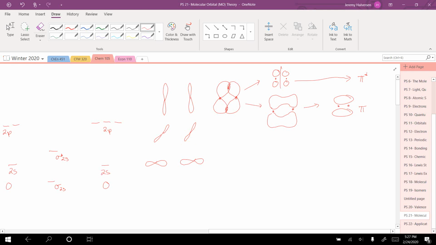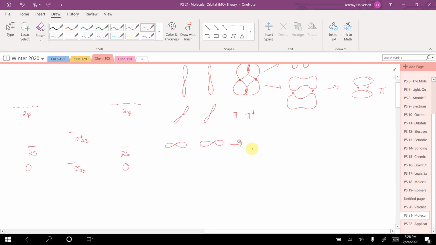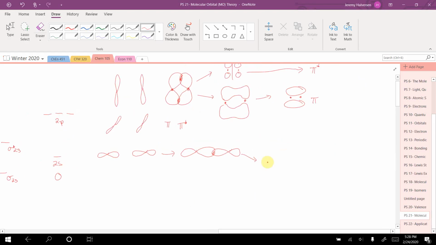Well, what's going to happen with these one in and out of the board? They're going to be exactly the same, just turned 90 degrees, so this also gives us a pi and a pi star. These ones, when they combine, let's see if I can draw this. If that combines constructively, we're going to get a lower energy like that, and deconstructively get something like that, where our nuclei are right there at the crosses.